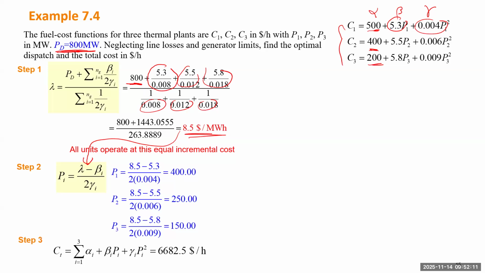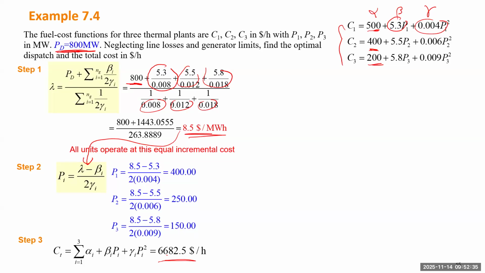The last step, calculate the cost. That is $6,682.50 per hour. That's the price you're going to pay for the 3 units to generate the power for 800 megawatt. Okay, it's done. It's very simple, right?